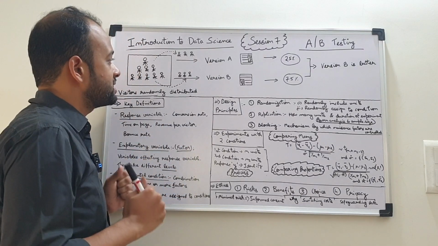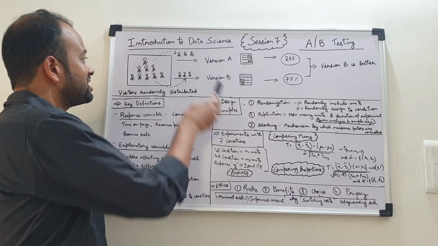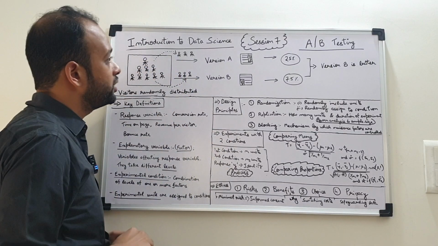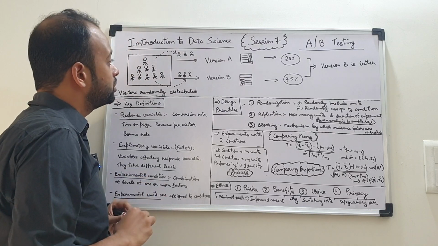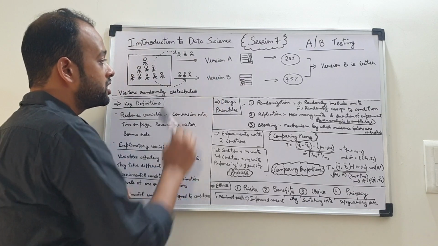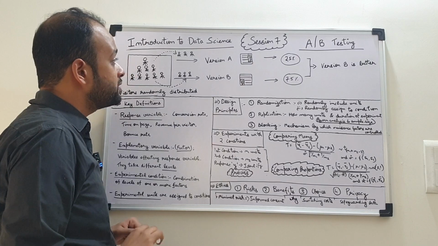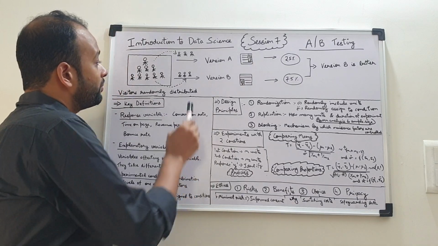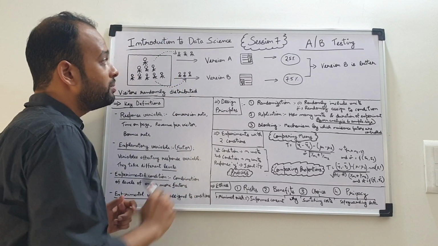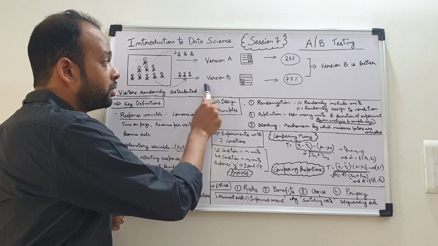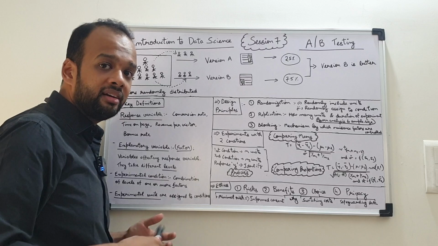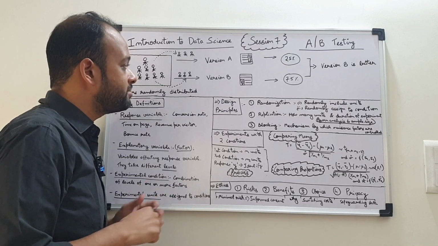To run an A/B test, we know that we have a set of customers which are coming into our business. To understand which of these versions is better, we want to ensure that one set of customers will be shown version A and another set of customers will be shown version B, and depending on their conversion we will say which one is better.